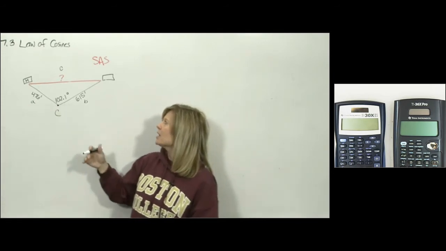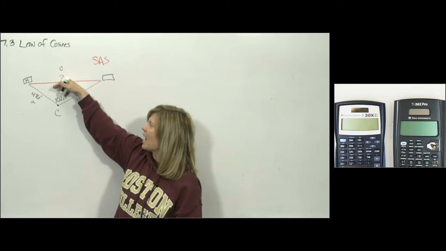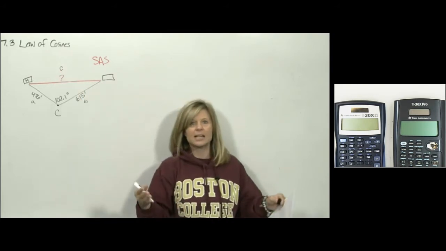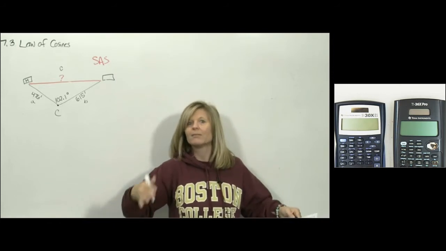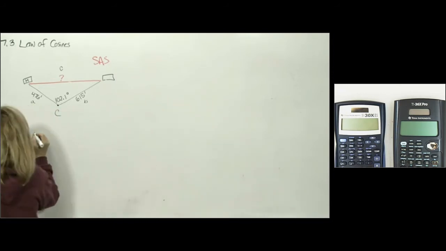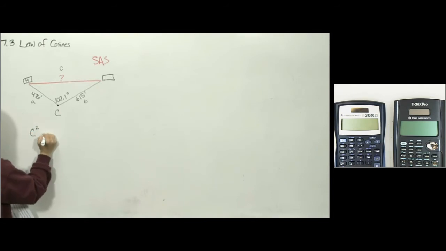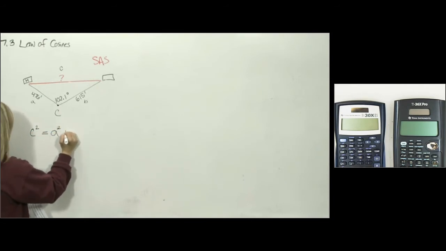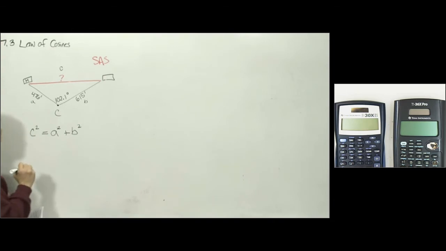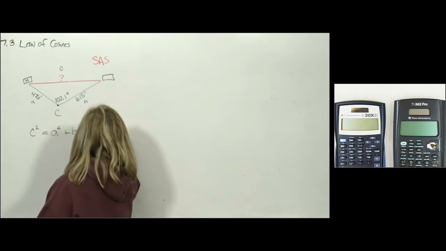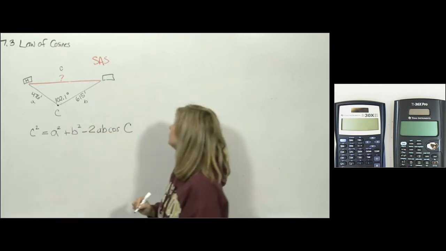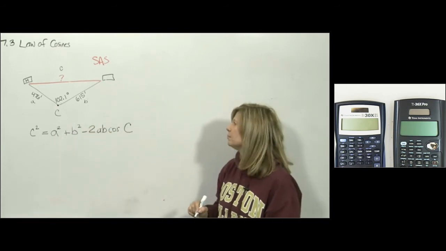So the thing is, if I want to find the length of this missing side, I'm asking you to find side C. So when I write law of cosines, it's got to start out with what letter? That's right, letter C. So we're going to write c squared equals a squared plus b squared minus 2ab cosine C. Make sense?